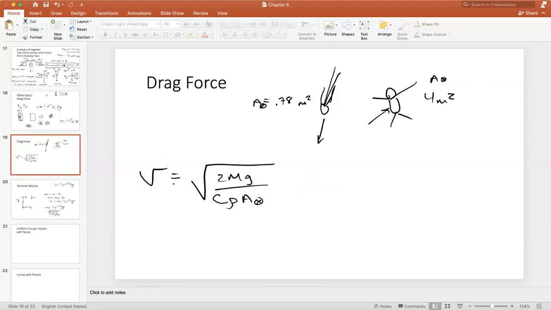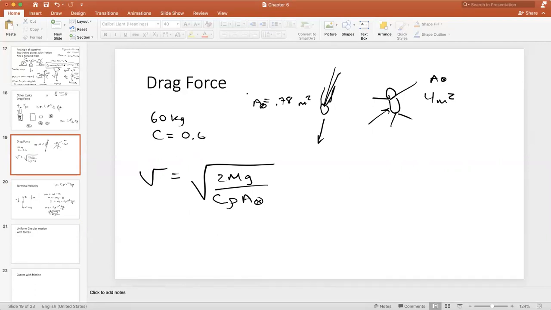Nope. Let's say you're a 60 kilogram person. That's like 130 pounds. I gave you the cross-sectional areas. Your coefficient of drag is usually between 0.4 and 0.7 or 1.0. Let's say it's 0.6.